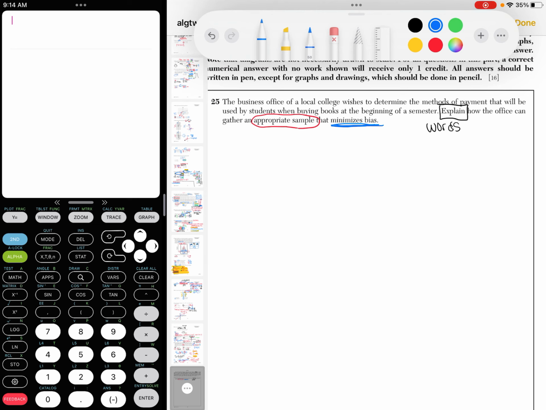So what this question is asking is about a local college and the students and how they will be paying for their books. So the first thing I'm going to say is maybe we are going to pick random students. Remember, this is an open-ended question too, so that's why I really stress this word random. There's a lot of freedom in this answer.